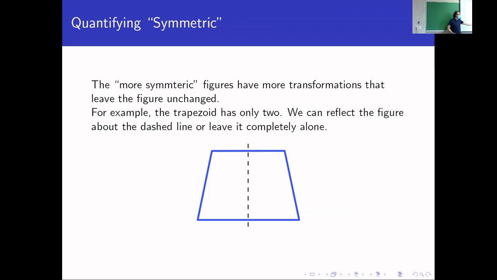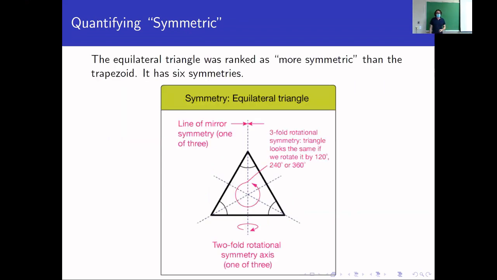You can't flip it vertically, because if you flip it vertically, then the long side is up top and the short side is on the bottom, so you can tell there has been a change. Okay, so the equilateral triangle, for example, I would count 6 symmetries. There are 3 rotational symmetries if you count the 360 rotation, which is equivalent to not doing anything.